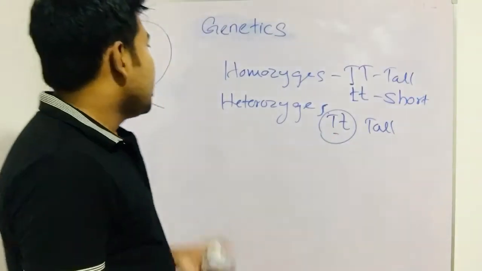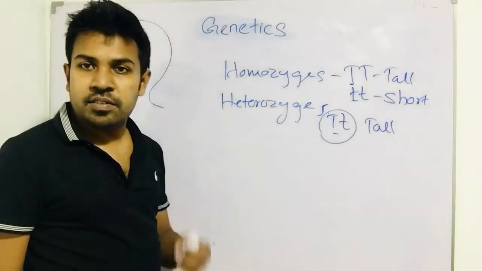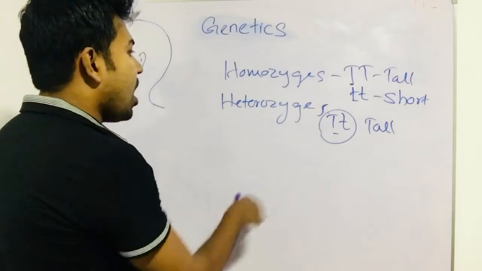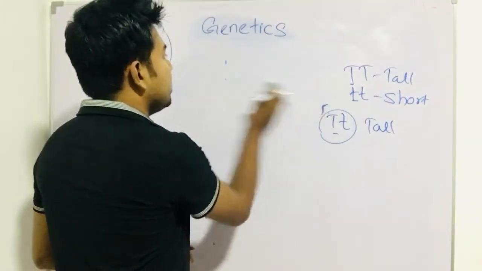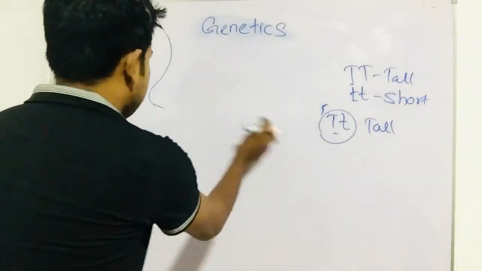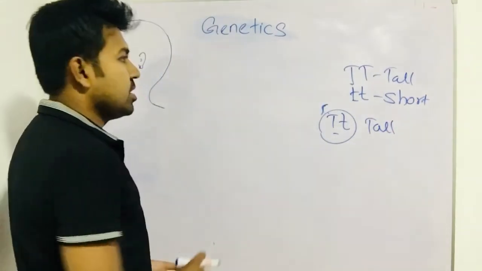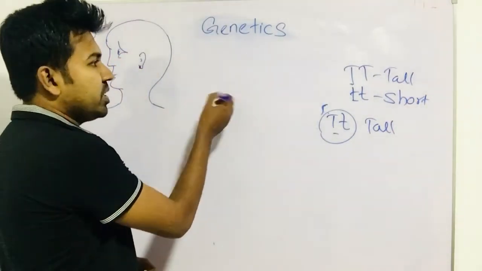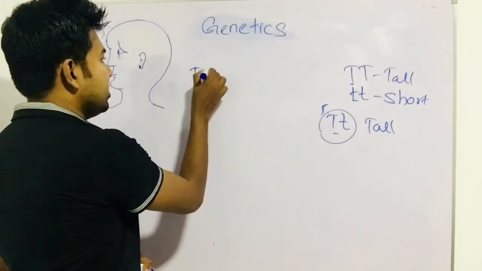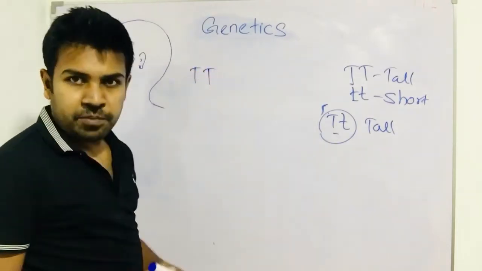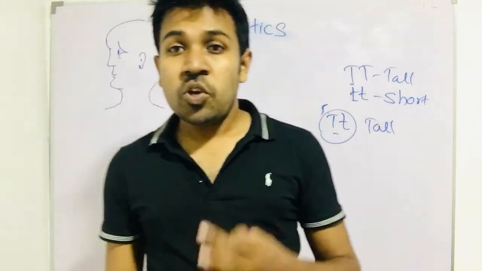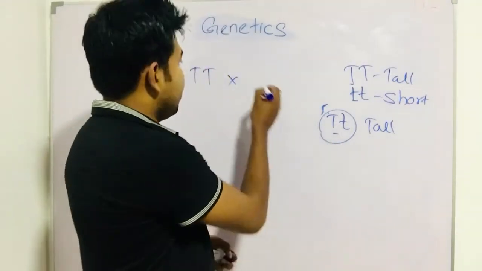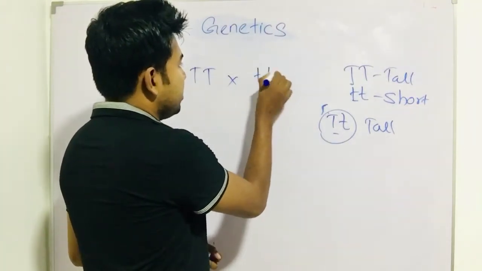So then, homozygous and heterozygous genes we discussed. So how does it come now? Now you can understand how it was done by Mendel. Mendel did pure breeding tall, that is capital T, and then pure breeding shorter plants, that is small t.